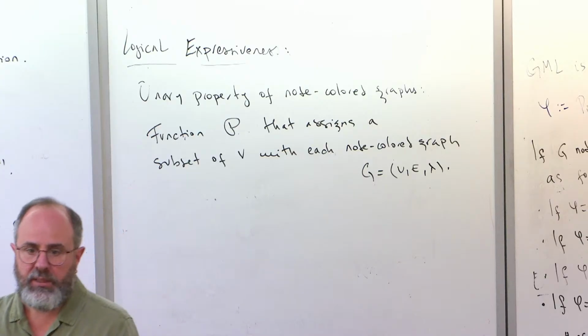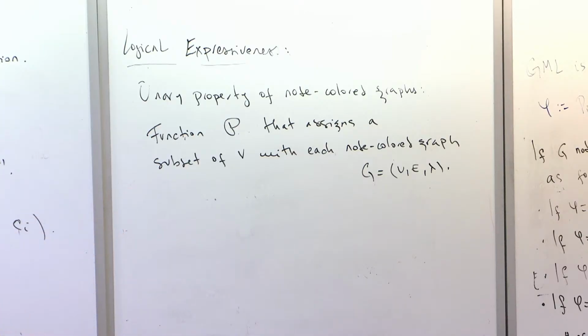So a unary property is a function that takes a node color graph and selects some of its nodes. It doesn't need to be isomorphism invariant or anything. It's very generic.